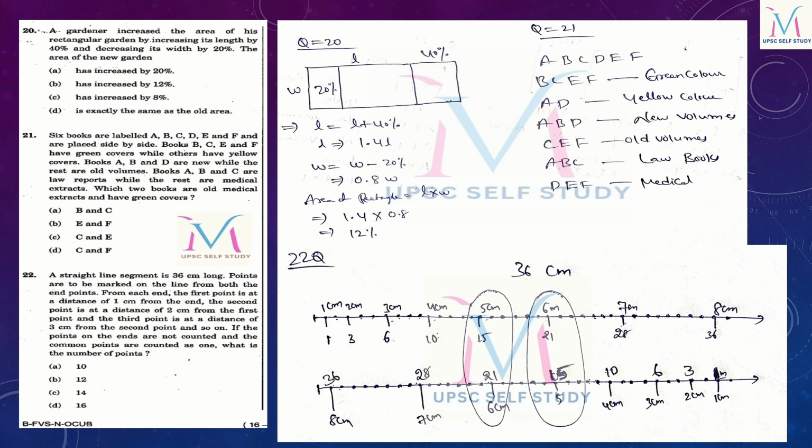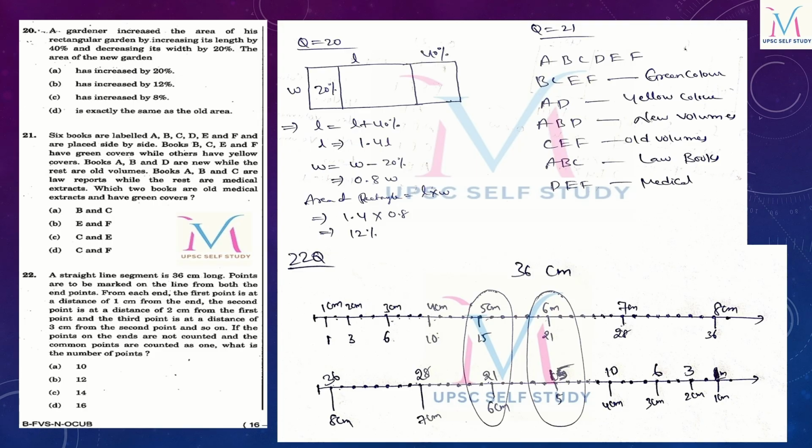The rest of the points will not come as common points. Only these 2 points will be counted: the first line segment's 15 and the second line segment's 21, and the first line segment's 21 and the second line segment's 15 will be overlapping on each other, as common points.